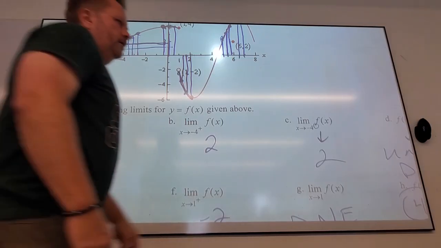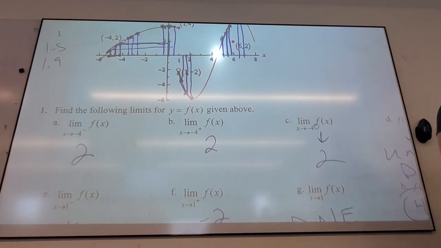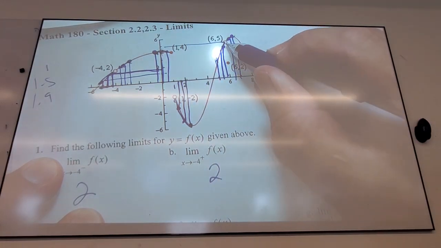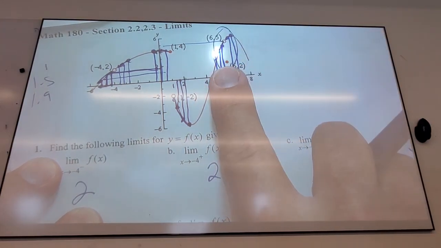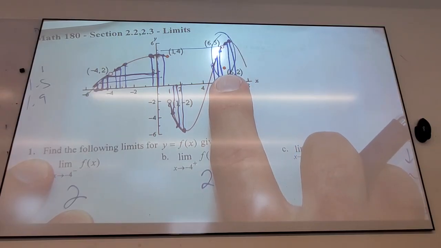Sorry, I only have this copy now, that's all written on. So like, this one here, the limit's fine, and the function value's fine.